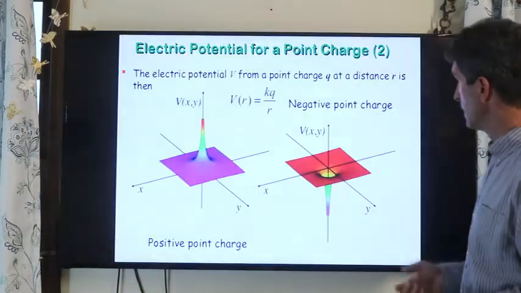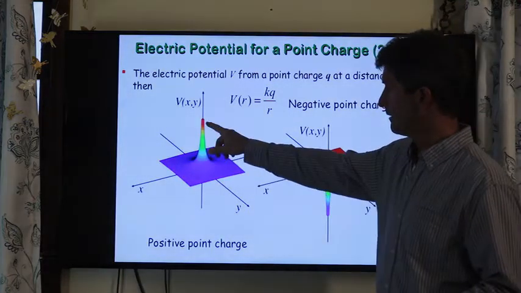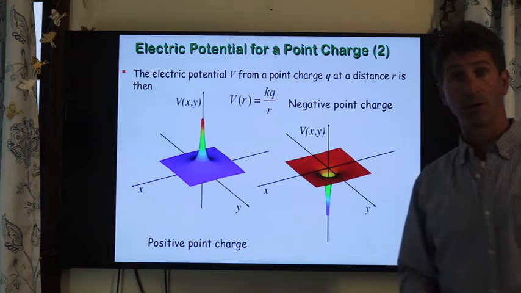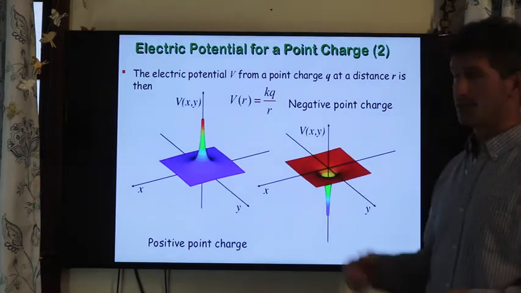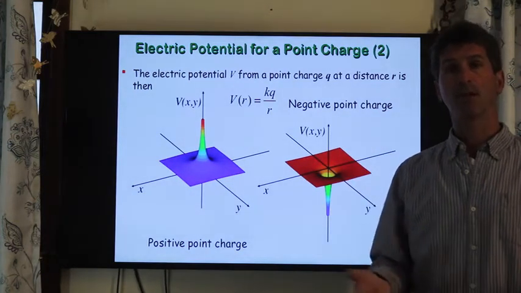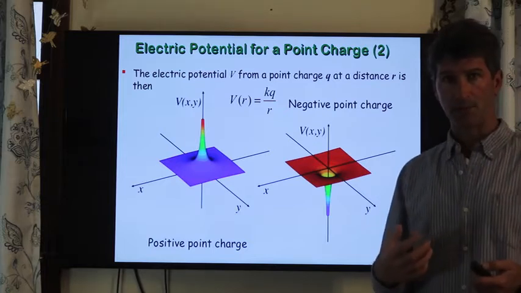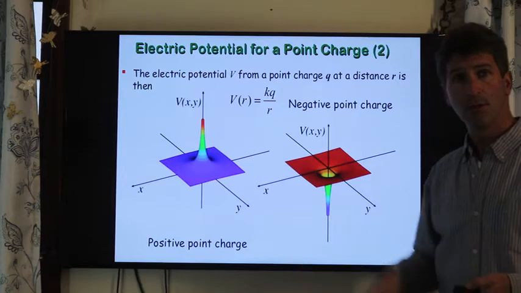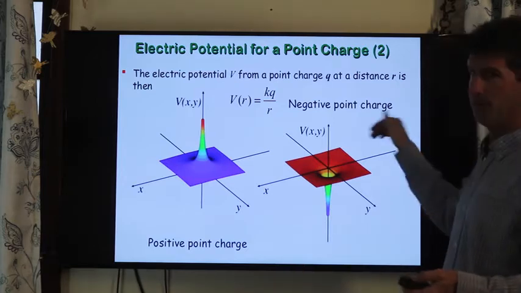And again, here is a single one, very steep near the charge, dropping off by 1 over r squared away from the charge as the steepness gets less and less. So that's another way of visualizing this concept of a gradient. Of course, with a negative charge, the gradient points into the negative charge, and that's where the field lines point.